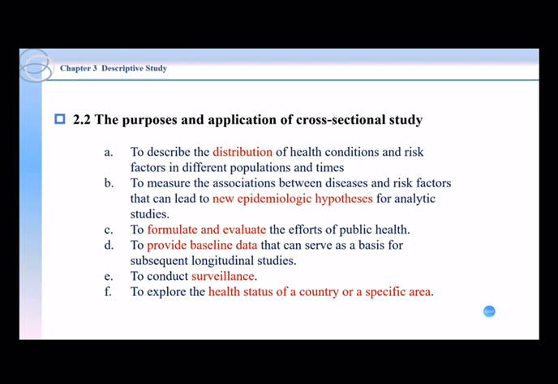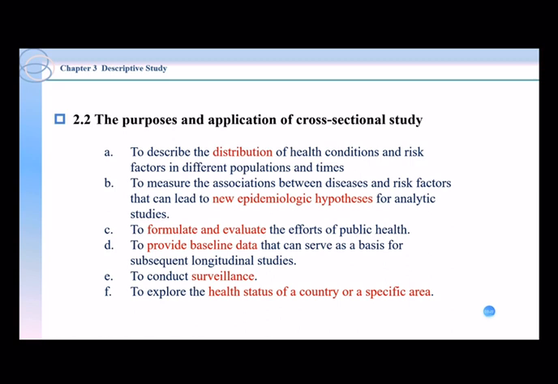So in the real world, we can use this cross-sectional study for many purposes. For example, we can use it to describe the distribution of health conditions and risk factors in different populations and times. We can also use this study design to measure the association between disease outcomes and the risk factors, which could lead to new epidemiologic hypotheses for other studies, such as case control or cohort study.